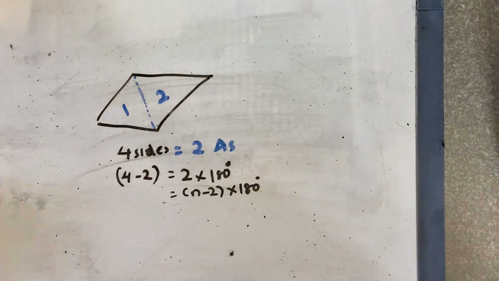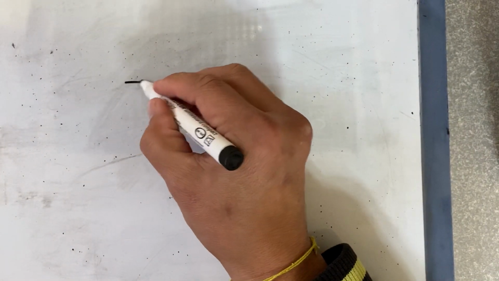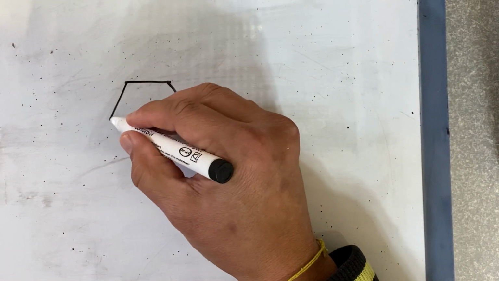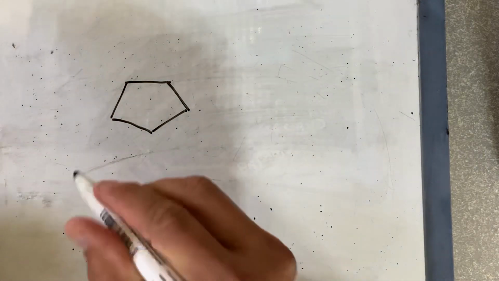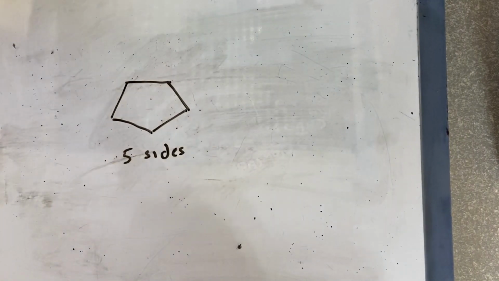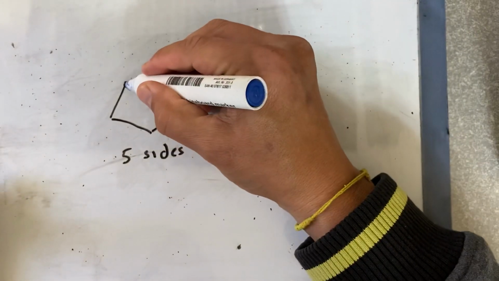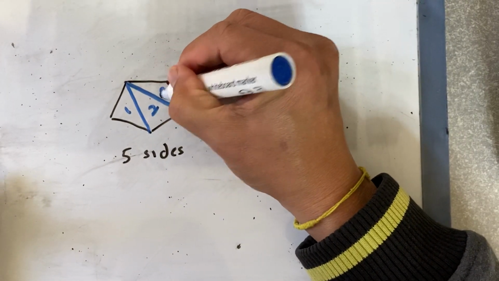We'll look at one more example now. The next shape we are looking at is a pentagon. A pentagon has 5 sides. In other words, we need to make as many triangles as possible. If we draw triangles from the same point, it can be 1, 2, and 3.